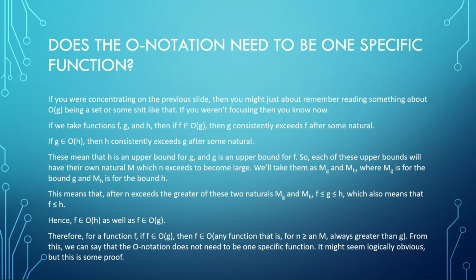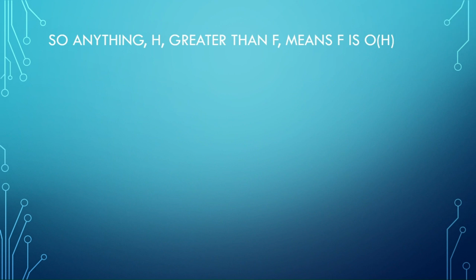So in saying f is of order g, g is of order h, then we can simplify using the inequalities and the bounds of n. So this means that anything h, let's say, greater than f means that f is of order h.